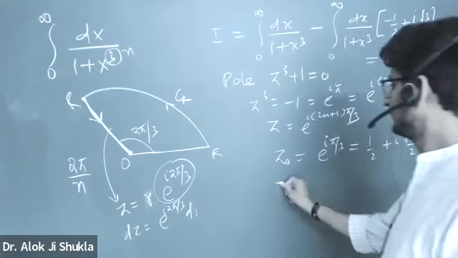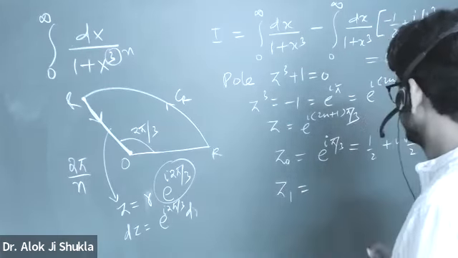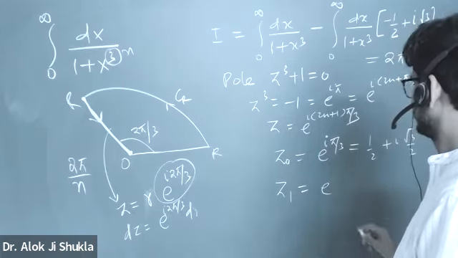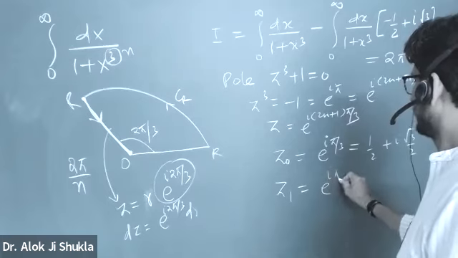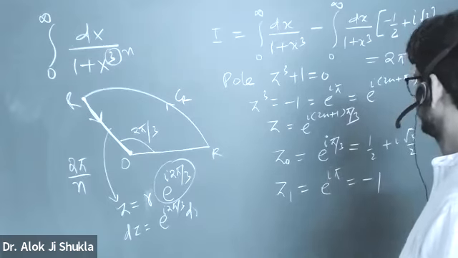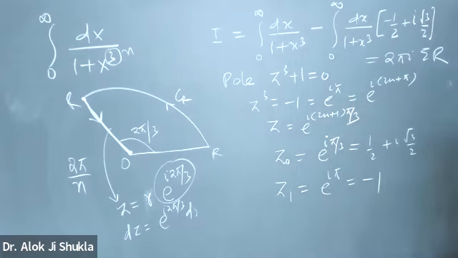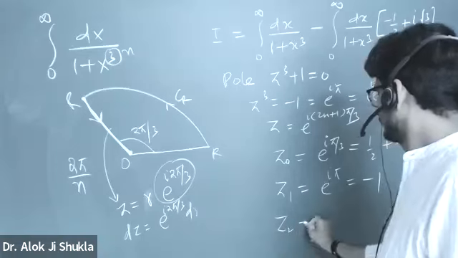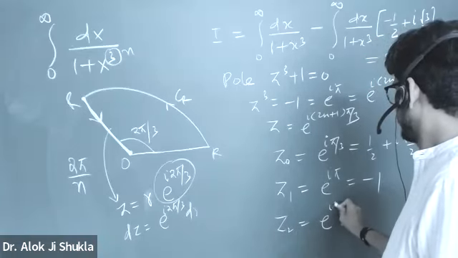Then z1 is e to the i pi, which is minus 1. And z2 is e to the power i 5 pi by 3. So how much will it come?